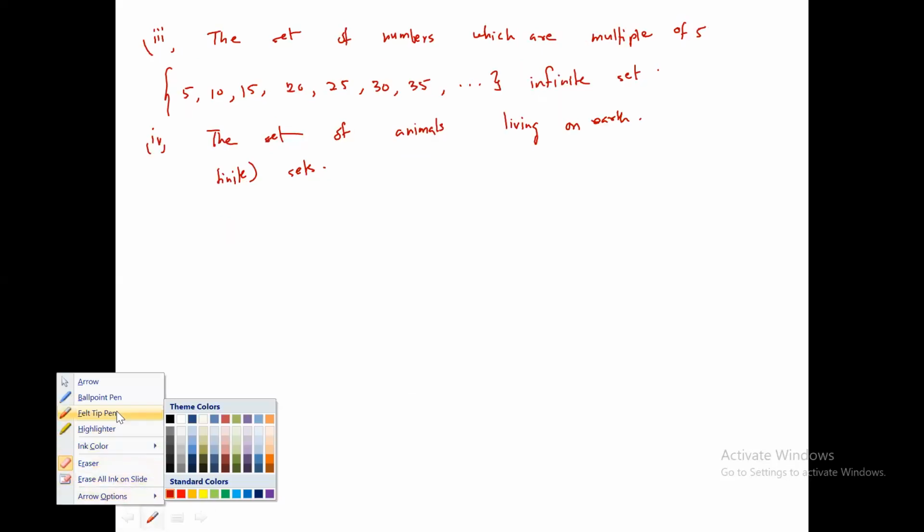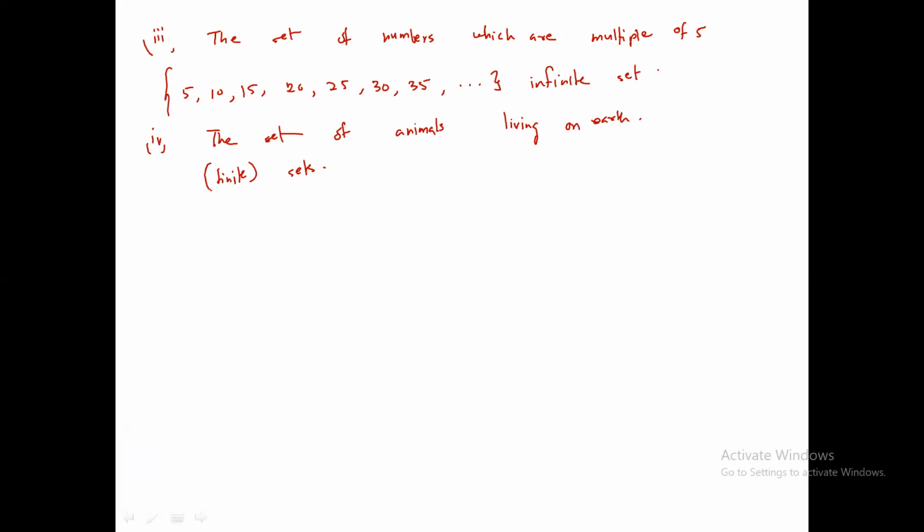Practically, you can't sit and count, but that is why I said infinite. But finally, the number of animals will be finite only. There can't be infinite animals. If there are infinite animals, there will be no place on the earth.